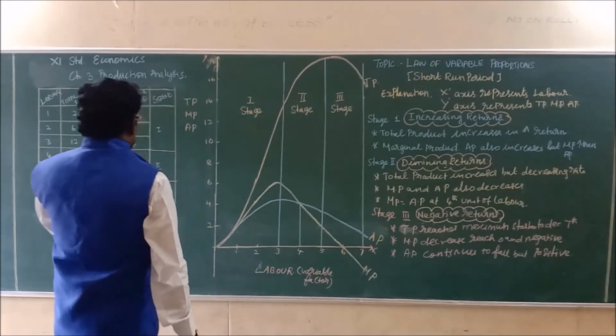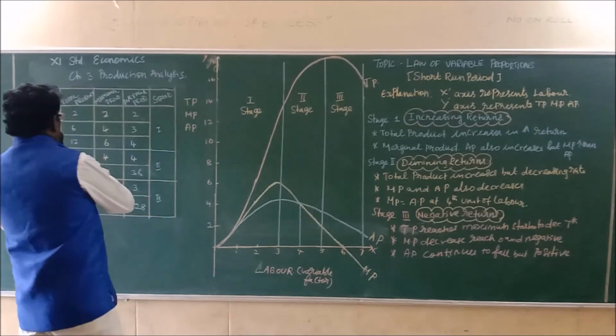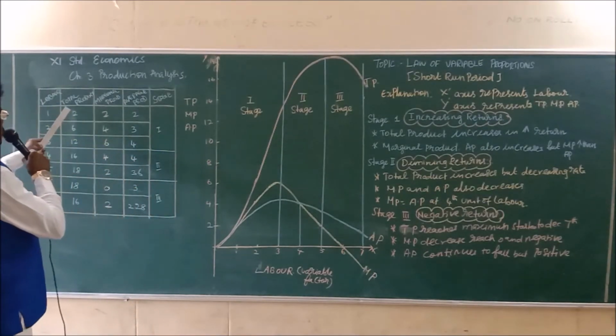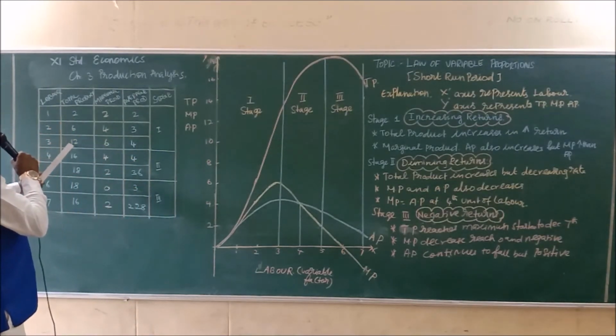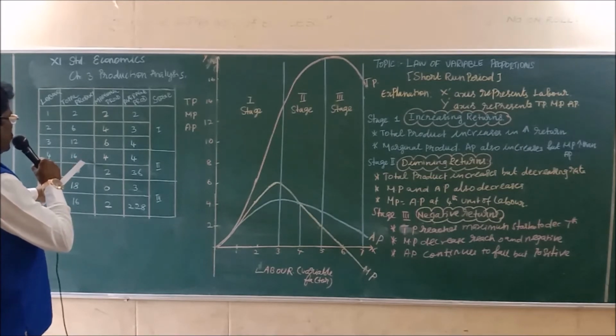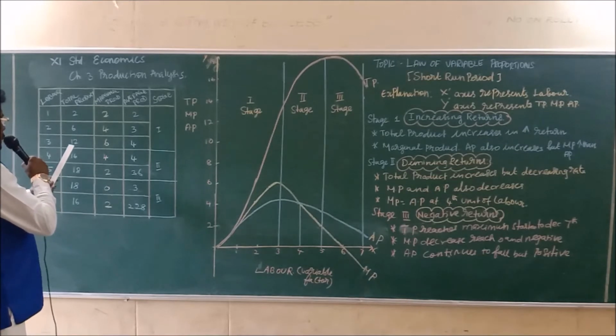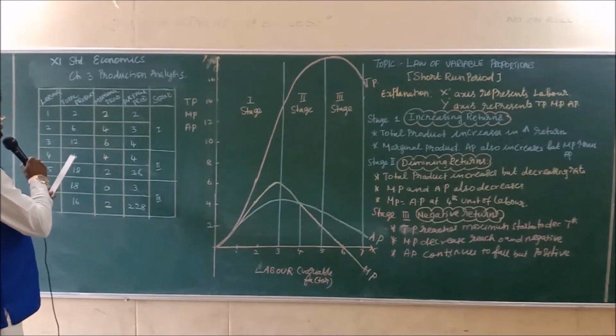Why do you classify this way? The total amount of production is increasing at an increasing rate: 2, 6, 12. But in the case of the 4th and 5th units, the total production is still increasing but not at an increasing rate, only at a decreasing rate. Decreasing rate in the sense, see the difference between 12 and 16.